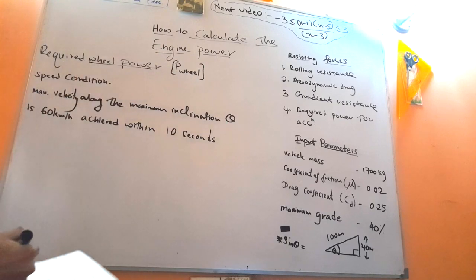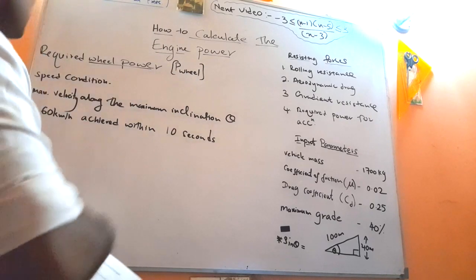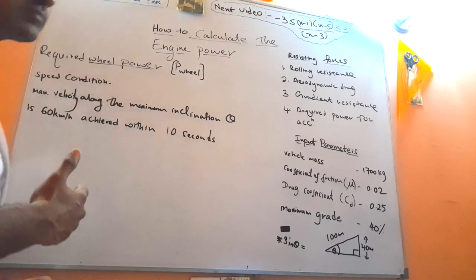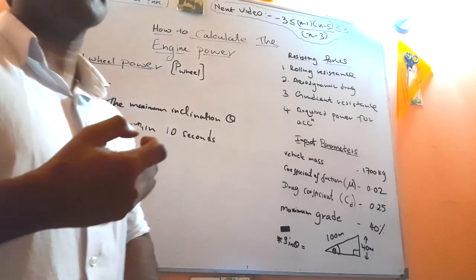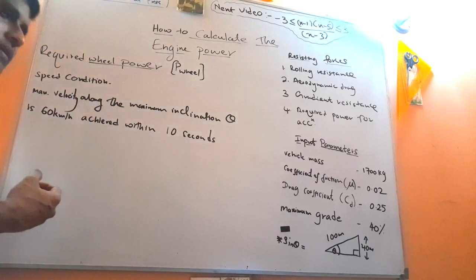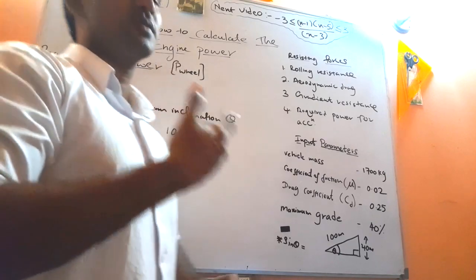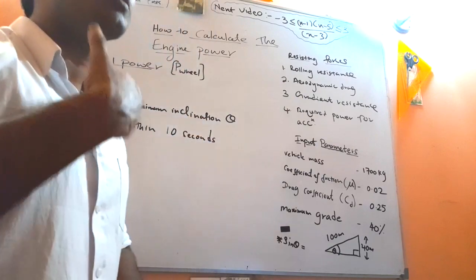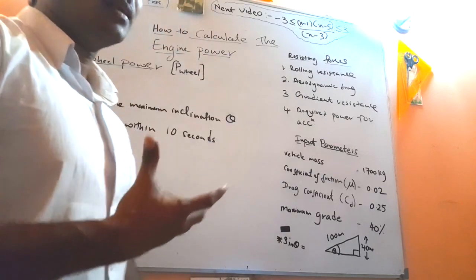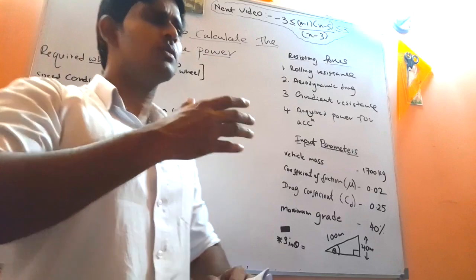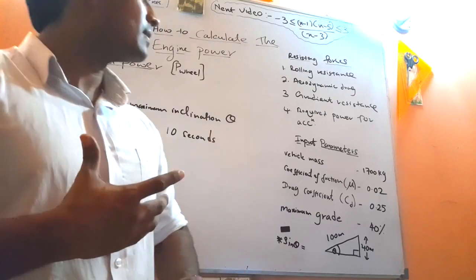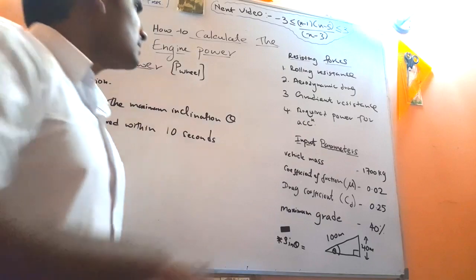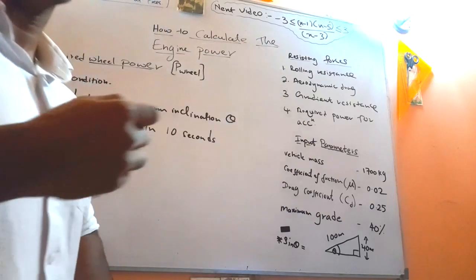When calculating the required wheel power, there are certain types of resistive forces, because the engine has to produce the necessary power in order to overcome those resisting forces. So let's consider those resisting forces.